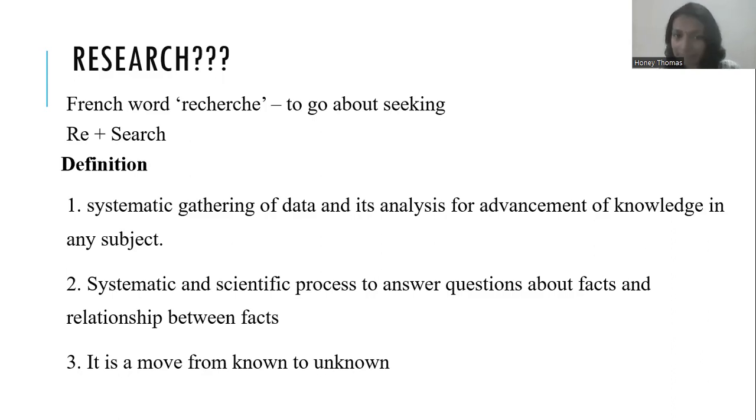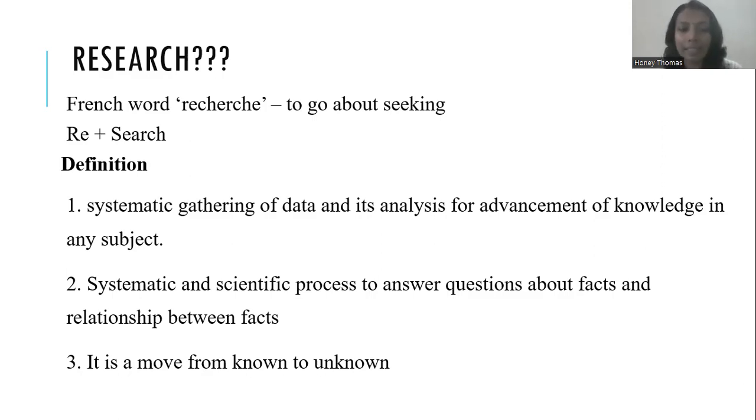That is the systematic gathering of data and its analysis for the advancement of knowledge in any subject, which is termed research. So the key points here are systematic, data, analysis, and advancement of knowledge. These four terms should be there in your research definition.